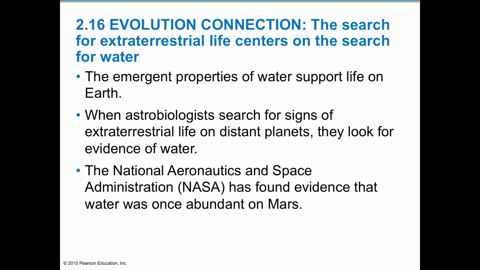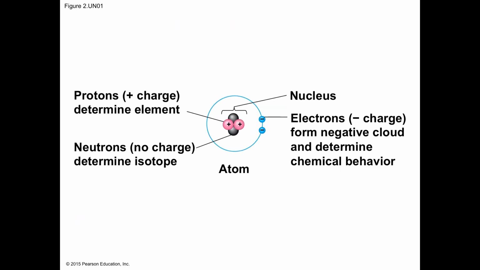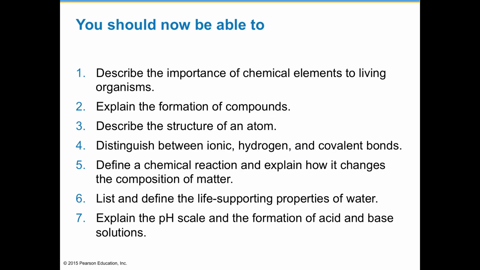The astronauts basically found evidence that water was once abundant on Mars. So there had to be life there, because life is so important to water, and vice versa. So when you're looking for distant planets that could possibly have life, the first thing we want to look for is, is there water? And this last little section here just goes through fundamental things that you need to know for this particular chapter.